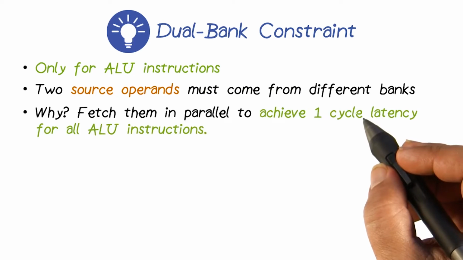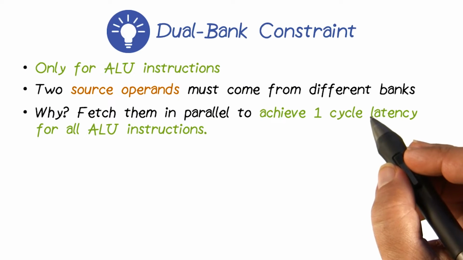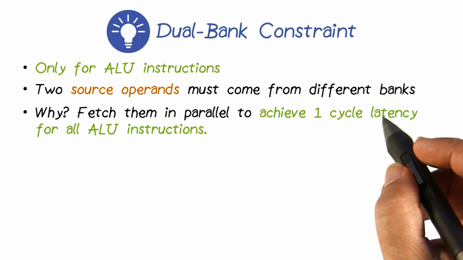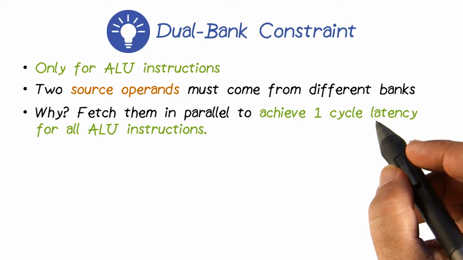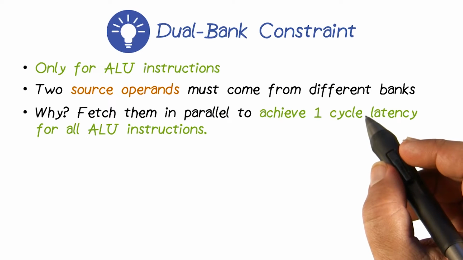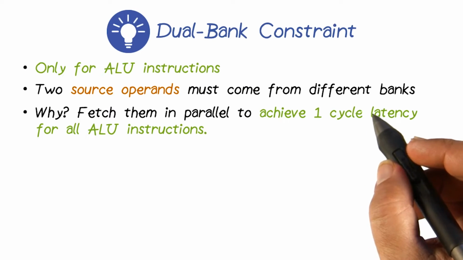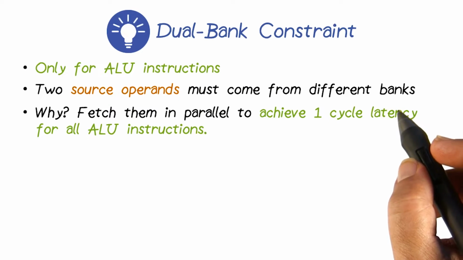So you may ask, why such a restriction? The answer again is, we must be able to finish this instruction in a very fast manner at line speeds. The clock frequency of IXPs is designed to match the gigabits which come at the Ethernet speeds, and therefore we must fetch these operands in parallel to be able to achieve the 1 cycle latency of all the ALU instructions.